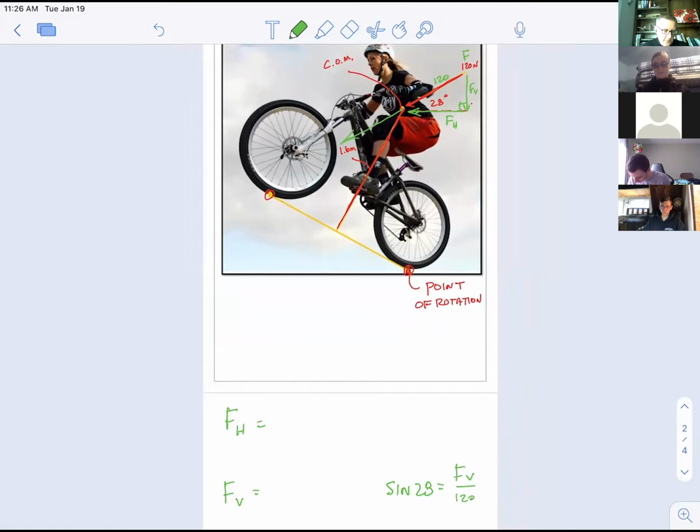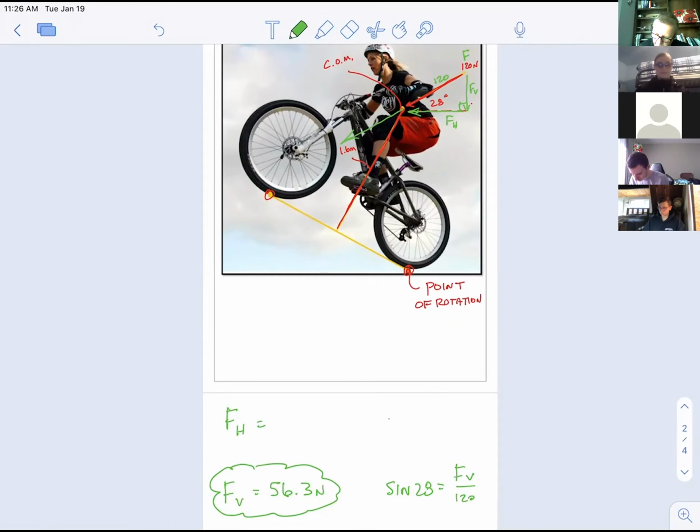So I go 120 times the sine of 28, and I get 56.3. I'm not going to worry about rounding right now, but I'm going to say 56.3 newtons and note that to myself.